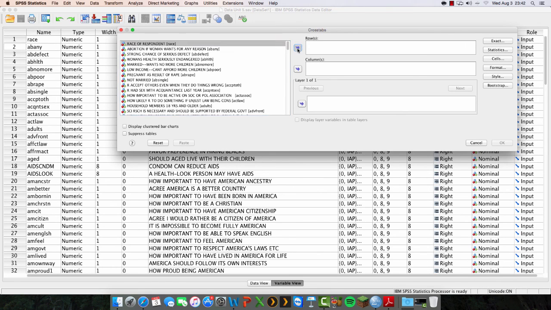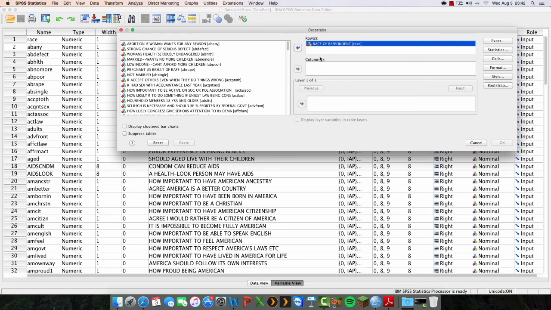I'm going to put my race variable there. Now, for purposes of the GSS, there are only 3 categories for the race variable. It's white, black, and other. Not particularly great in terms of how they've broken it down, but it's what we have to deal with, so that's what we're going to use.